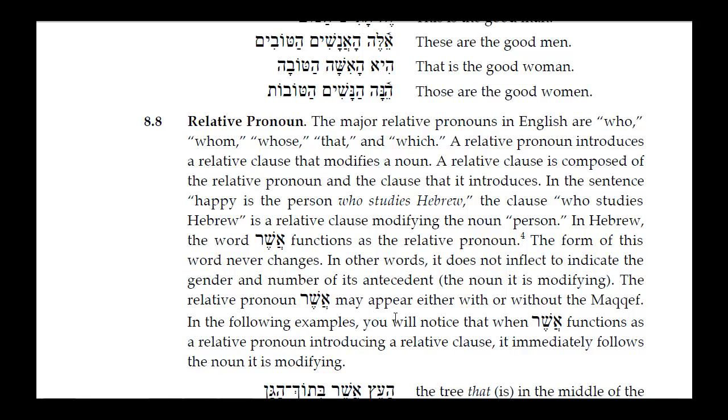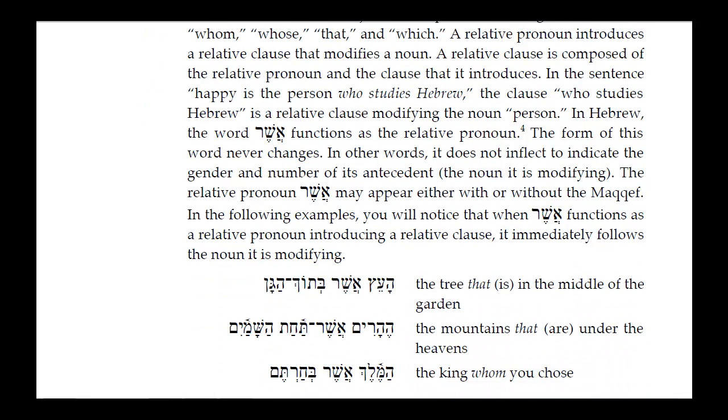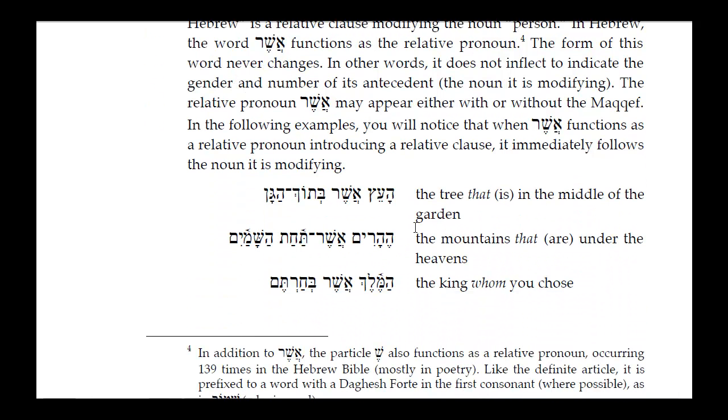Of course, we talked about that makef, that little horizontal line that connects one particle or one noun to another noun. You'll notice that asher functions as a relative pronoun introducing a relative clause, and it immediately follows the noun that it's modifying. And here are some examples for the relative pronoun asher.